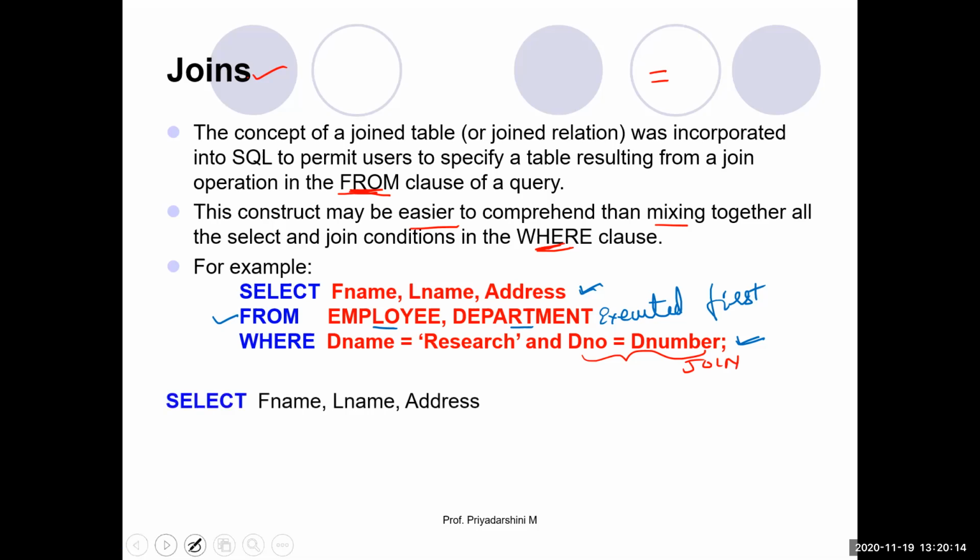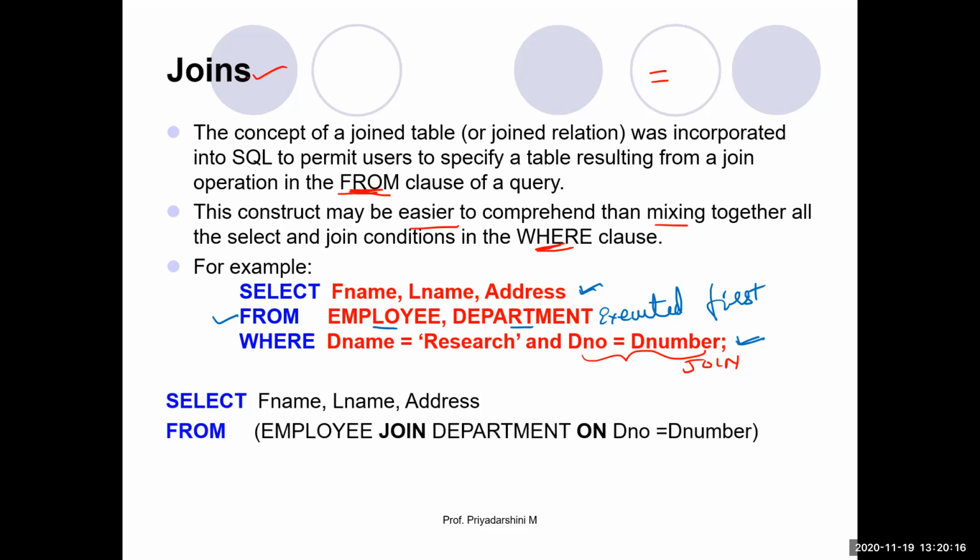The same query I have written in the form of a join. I have joined the employee table and the department table using the word join, and immediately I am joining based on my join condition. Next I'm using my WHERE clause. The FROM clause will execute first.